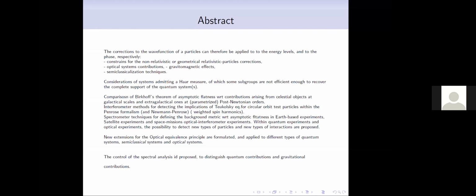And for these wave functions, for the spectral analysis, two types of contributions can be analyzed: one is the non-gravitational forces of quantum origin, components due to quantum interactions, and the other components are those due to the gravitational contributions.